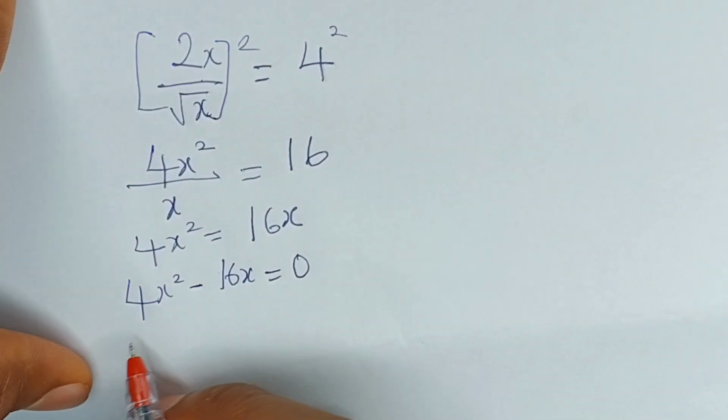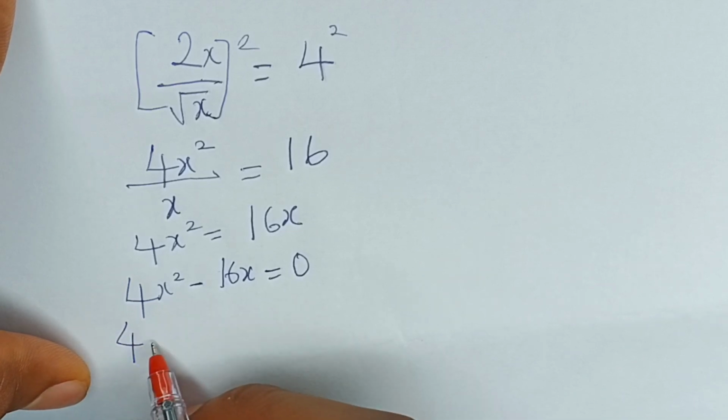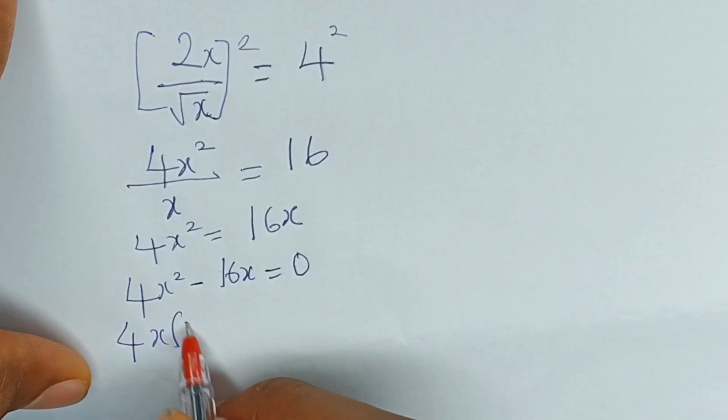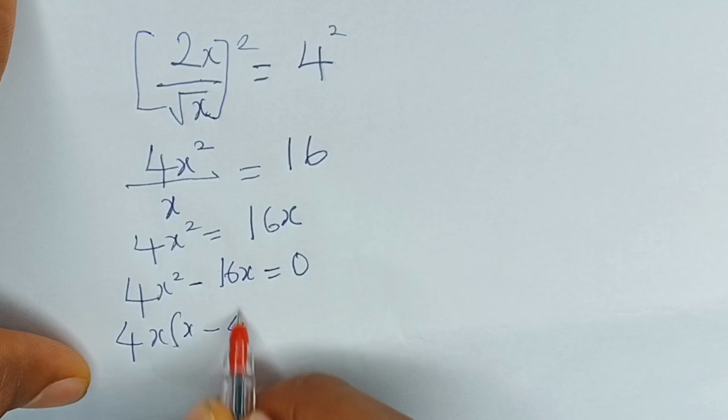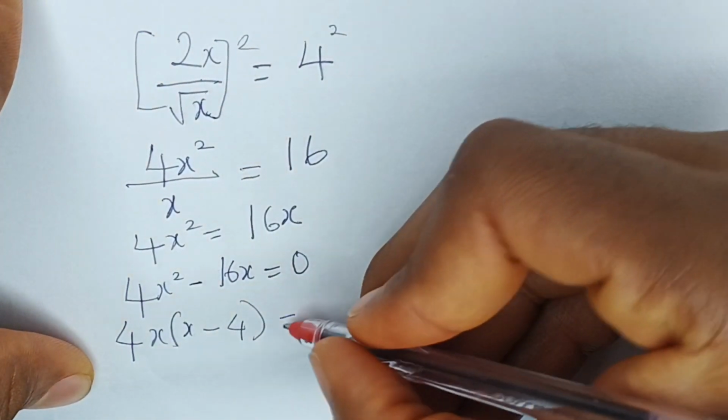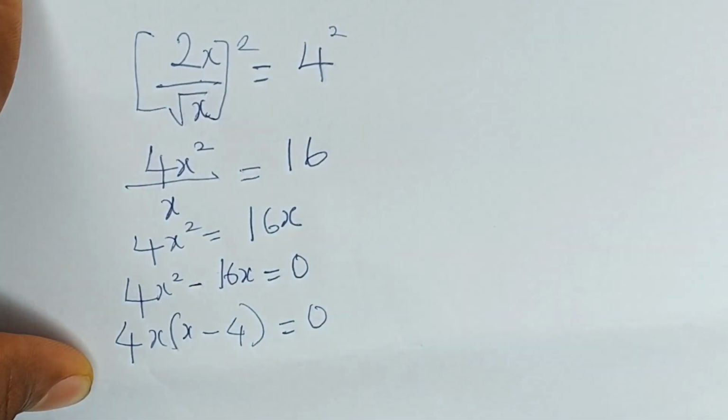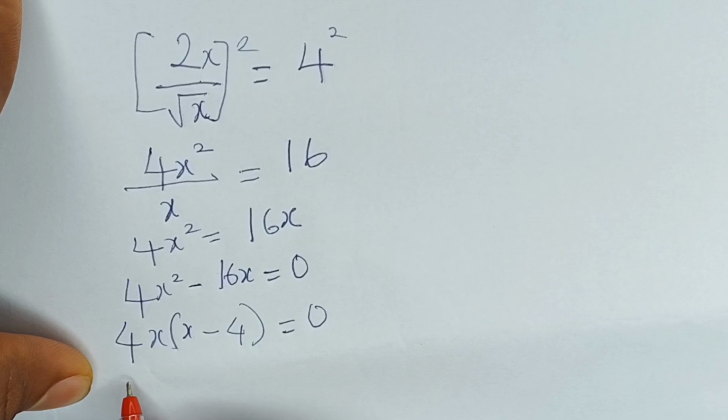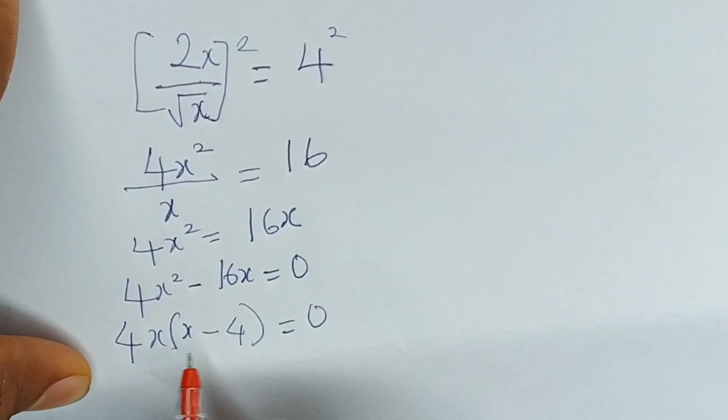Factorizing, we have 4x into x minus 4 is equal to 0. Alright, so we can conclude from here that when two things are multiplying to give us 0, either the first one is equal to 0 or the second one is equal to 0.